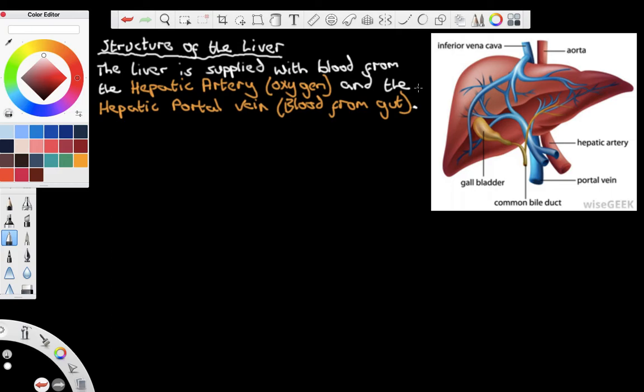Now, the liver is made up of what are known as lobules. So the liver is made up of lobules.